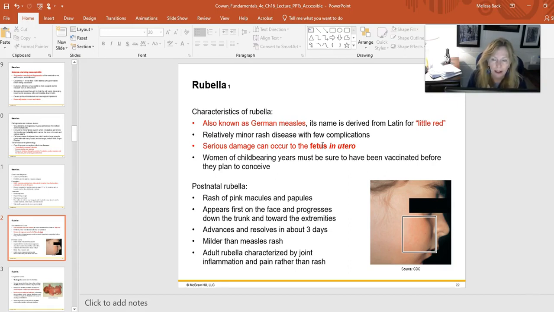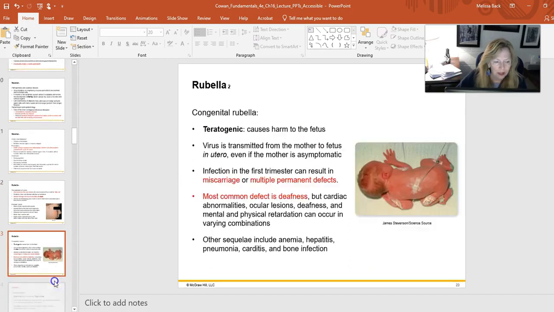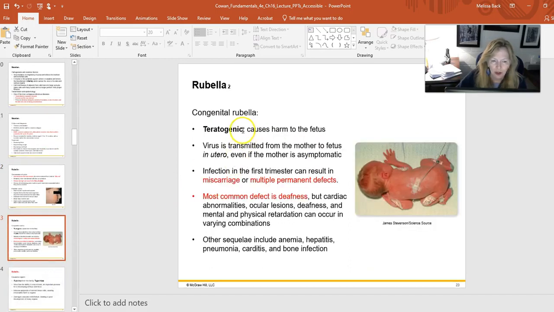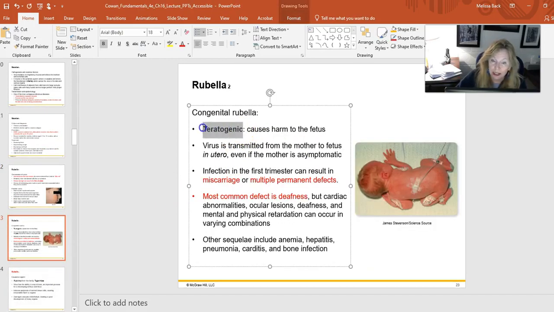Because if a woman encounters this virus while she is pregnant for the very first time and has the disease, she may not get very sick, but it causes serious damage to the fetus. So it is considered a teratogen, or it has teratogenic effects. A teratogen is anything that has the potential to cause harm to a fetus.